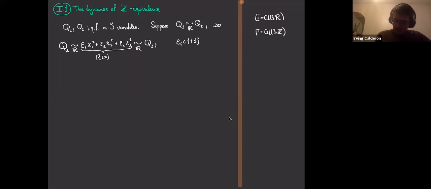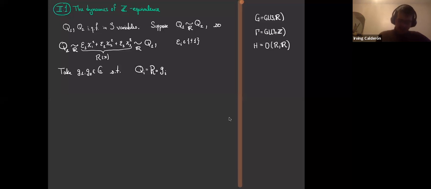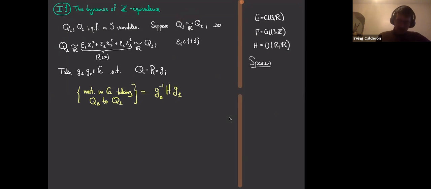The C equivalence is controlled by gamma, GL3(C). And we will also consider the real orthogonal group of R. I'll call it H. And I will pick two matrices, G1 and G2, that take R to Qi. So now it's easy to describe all the real matrices that take Q1 to Q2. These are simply of the form G2^-1 H G1.